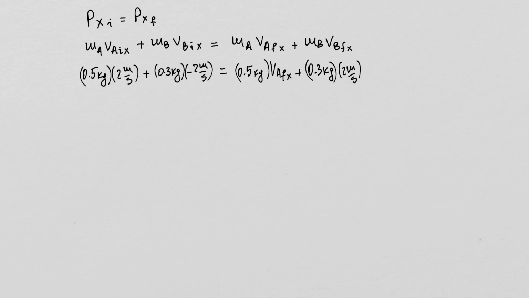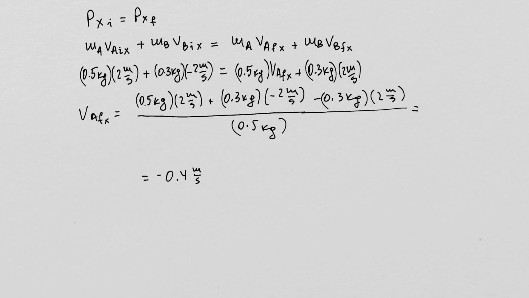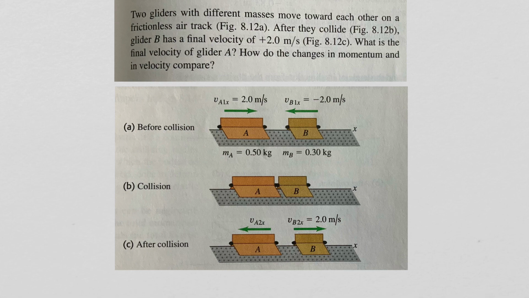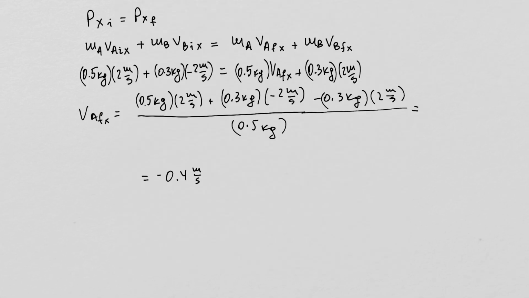So then I can solve for va fx. Rearranging the terms gives me that the final velocity of glider A is negative 0.4 meters per second, which means that glider A after collision was moving in negative x direction.